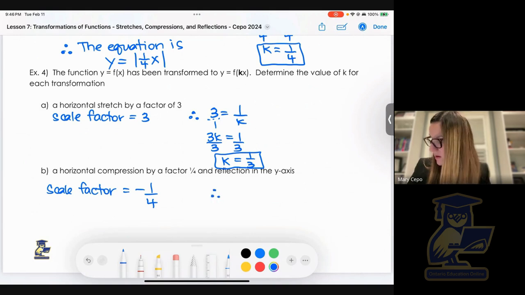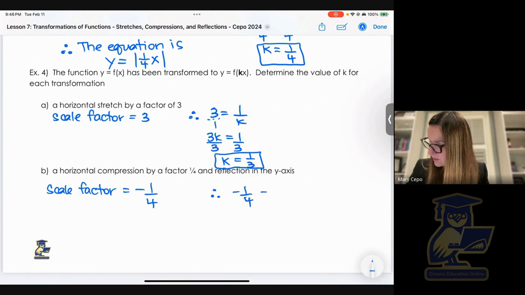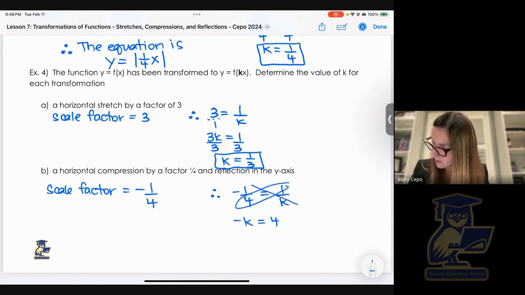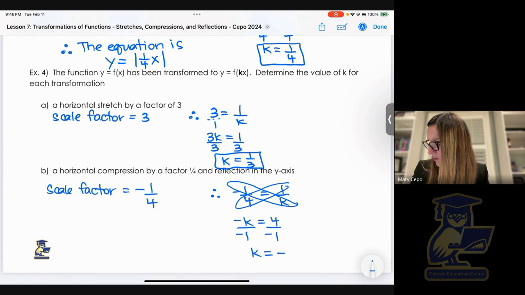Therefore, negative 1 over 4 is equal to 1 over k. Cross multiplying, we'd have negative k is equal to 4. And when I say cross multiply, divide this by negative 1 to get rid of that negative up front. So k has to equal negative 4.